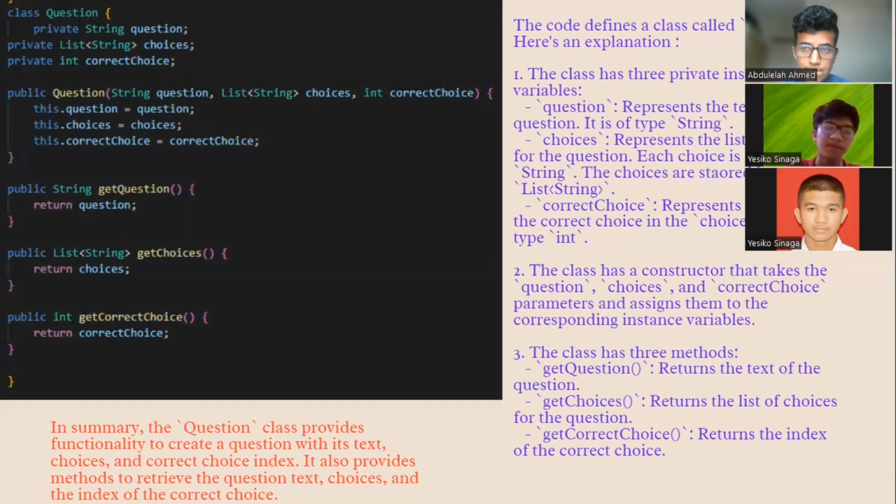In summary, the Question class provides functionality to create a question with its text, choices, and correct choice index. It also provides methods to retrieve the question text, choices, and the index of the correct choice.